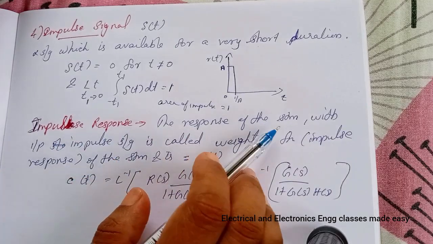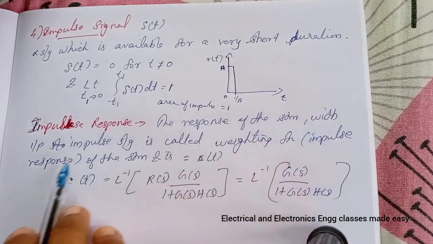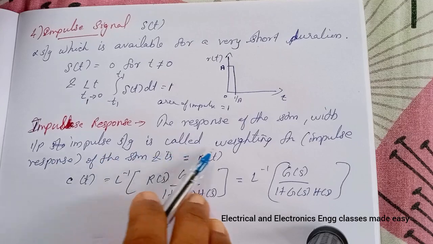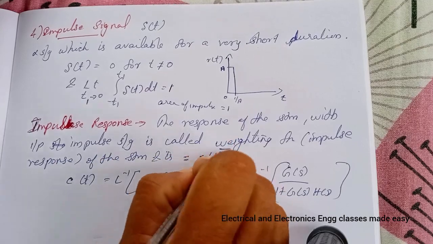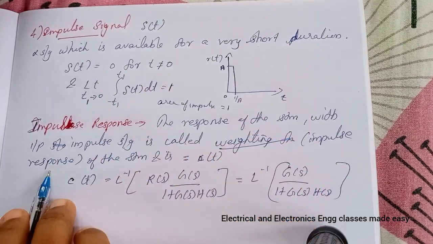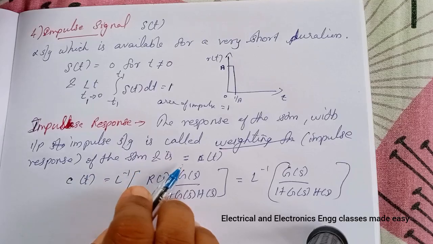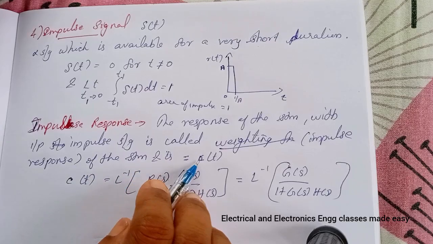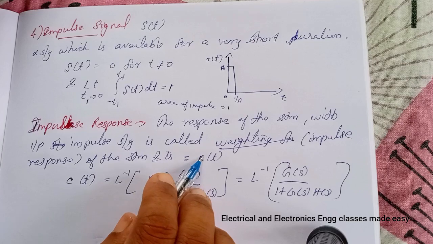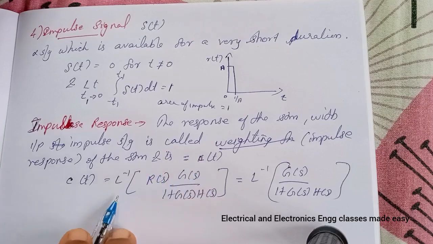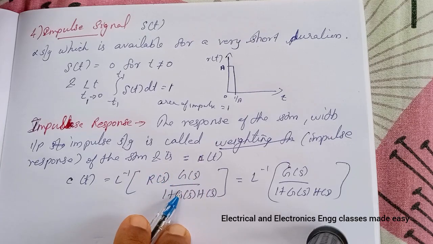And the response of the system with input impulse signal is called weighting function or impulse response of the system and is denoted by C of t. So C of t is the inverse Laplace transform of the system transfer function.